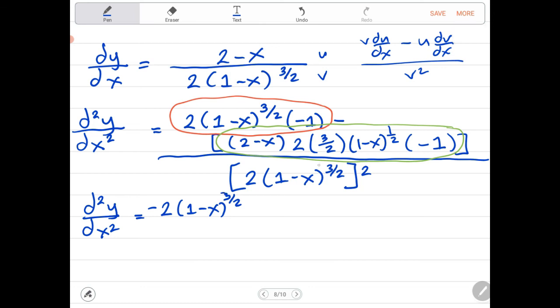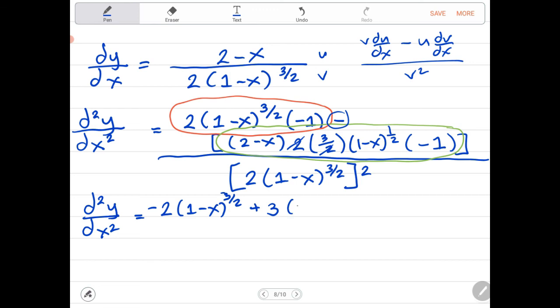Then the color green, let us simplify the constant. 2 times 3 over 2, this cancels. Then 3 times negative 1, that is negative, right? Negative 3 times the negative here, so it can be positive. So plus 3.